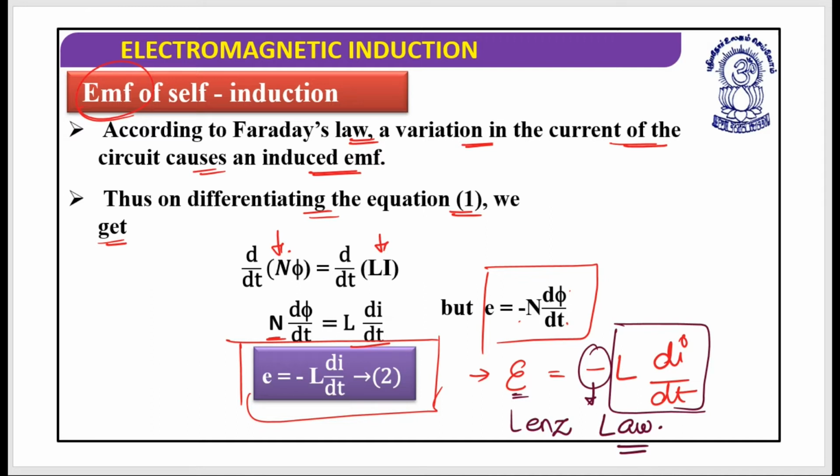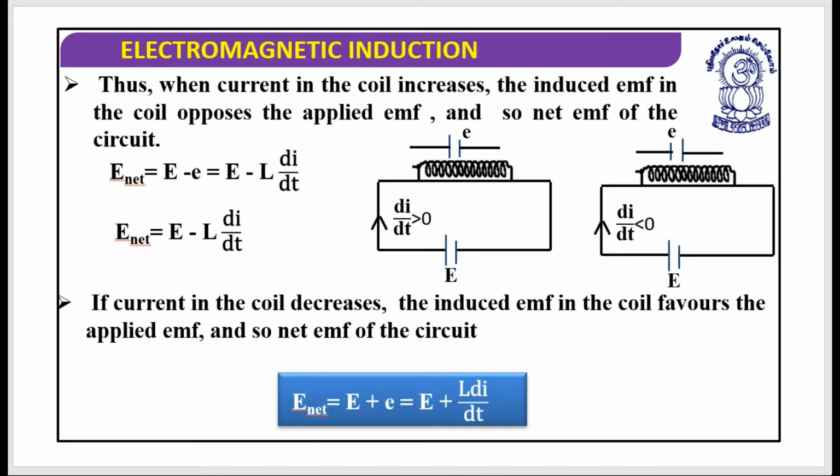Are you sure? Great. So let's understand the situation. When the current in the coil increases, that means di by dt is positive, the induced EMF in the coil opposes the applied EMF, and so the net EMF of the circuit can be given like this.